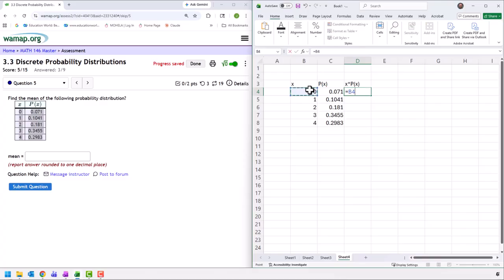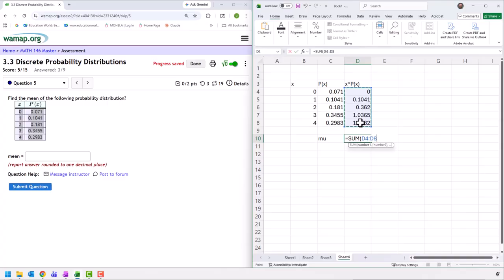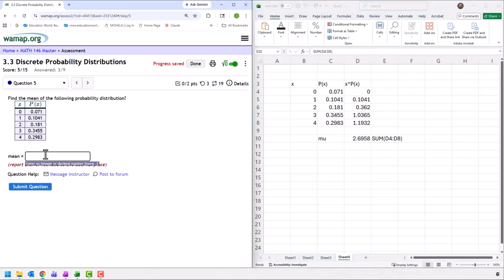So we have our outcome times its probability. And the mean mu will be the sum of these. Again, hit equals, grab the data points, add them all up. And round to one decimal place. It looks like 2.69 should go to 2.7.